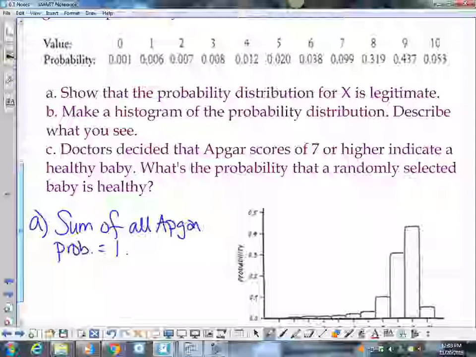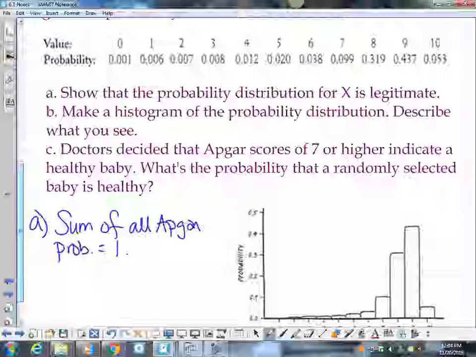What else has to be true for it to be a legit? They have to add to 1. No. Go back and read. It's in your notes. We just talked about it a couple slides ago.